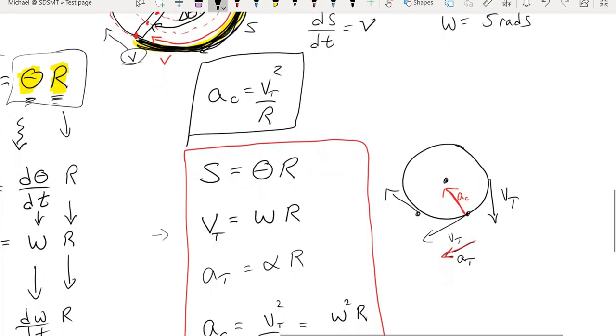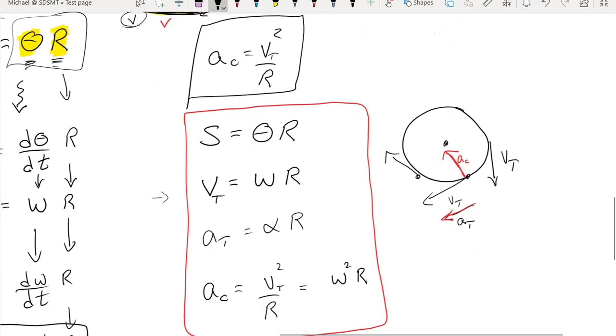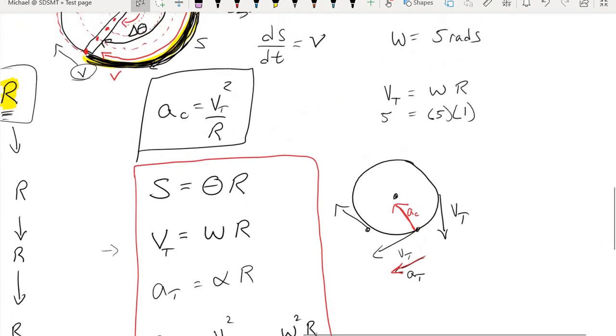And so we come down to our equation set here and we say, all right, our velocity tangent to the path of the circle is omega r. We know that we're traveling at a speed of 5 radians per second at a radial distance of 1 meter, because it's a meter stick. And so that means we have a value of 5. 5 what?